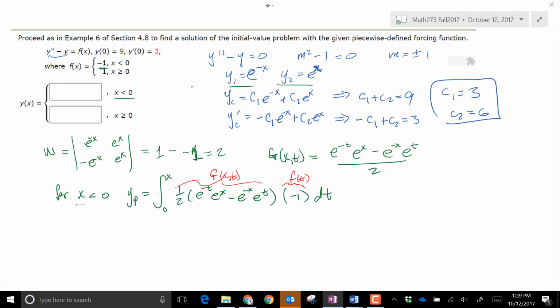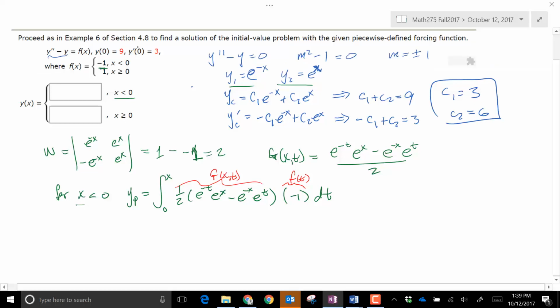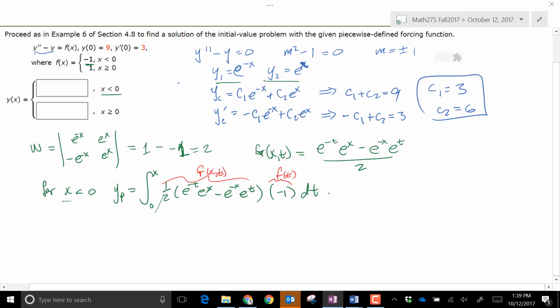And then there's a couple of other things about the integral that we probably should address. The fact that this is going to go from 0 to x, and x is a number less than 0, probably means we can switch the order of the limits and then throw in another negative 1.